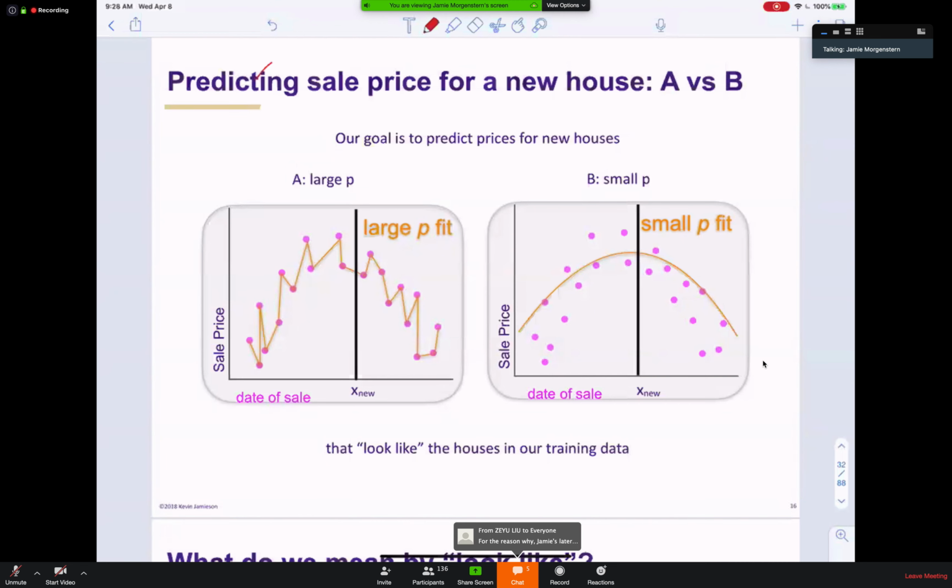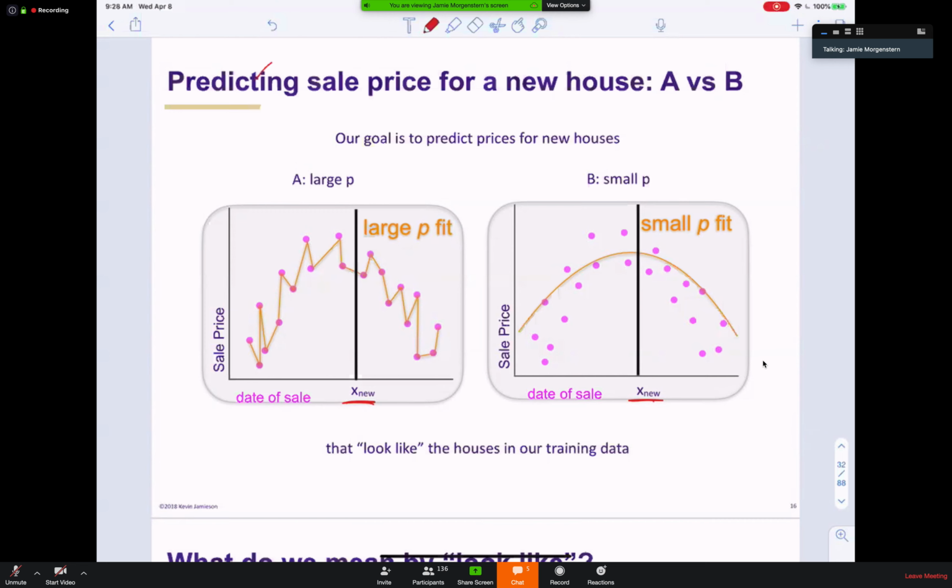The whole reason, or at least a large part of the reason that we're trying to learn some model over our data set is that we'd like that model to do well predicting sales prices for new houses that come on the market, right? So if we think about some new house that goes on the market and its date of sale is sort of here, relative to the other data points.